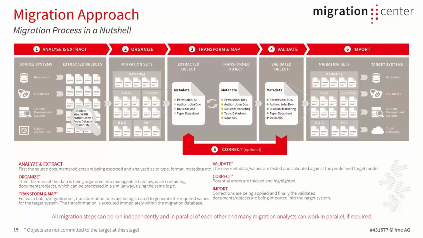You can merge, substring, or cut, really change the values as you need them for the target system, and also enrich the metadata with external information. Once you do that, you click a button and then you go to transformed status. Then we also have a validate state, which validates the newly transformed metadata values against the target object type definition, or in OnBase, the document type.